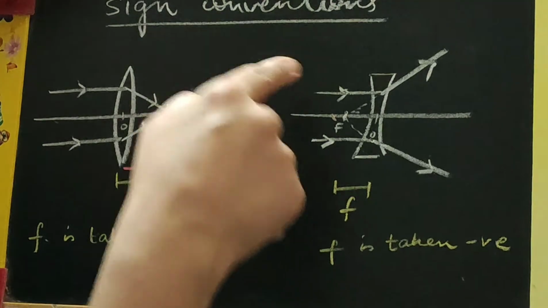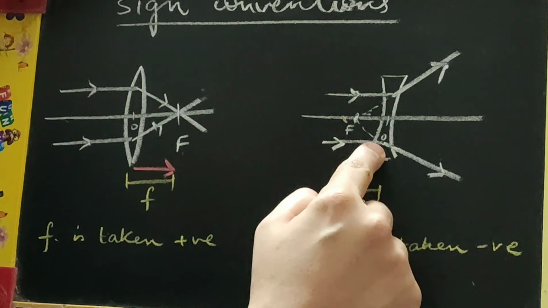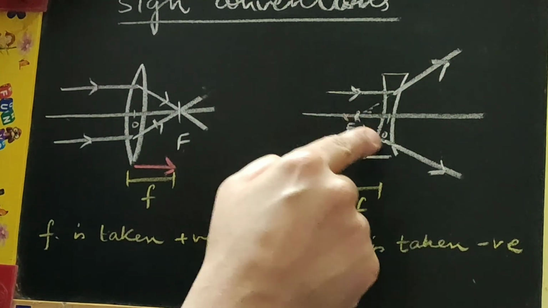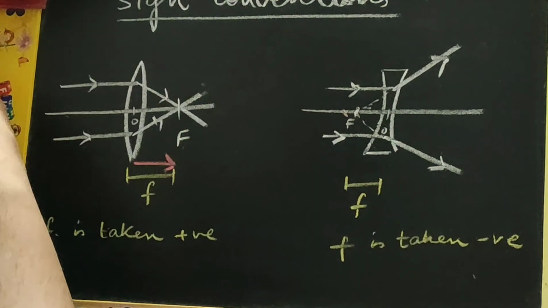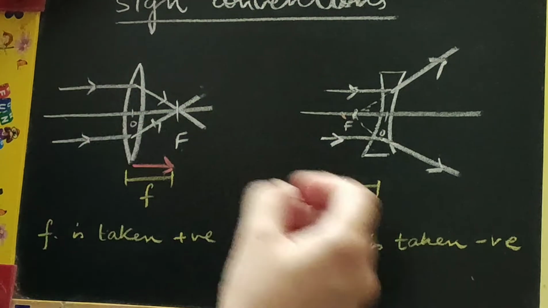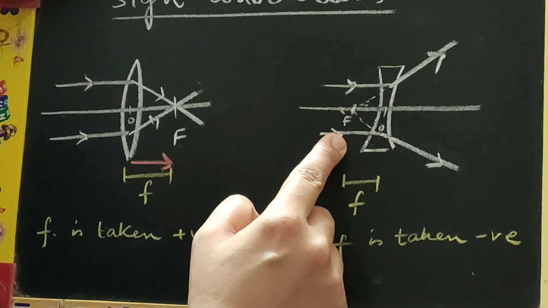On the contrary, for a concave lens, when parallel light rays are incident, it diverges the light and the light appears to diverge from focus on the same side. This is how we have defined focus in case of concave lens. The focal length here is the distance between this optical center and focus.